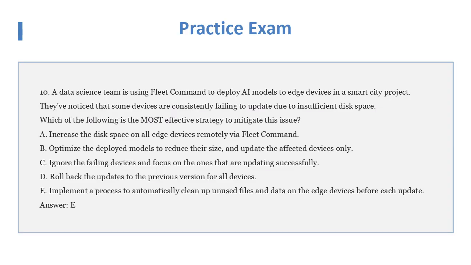B. Optimize the deployed models to reduce their size, and update the affected devices only. C. Ignore the failing devices and focus on the ones that are updating successfully. D. Roll back the updates to the previous version for all devices. E. Implement a process to automatically clean up unused files and data on the edge devices before each update. Answer: E.